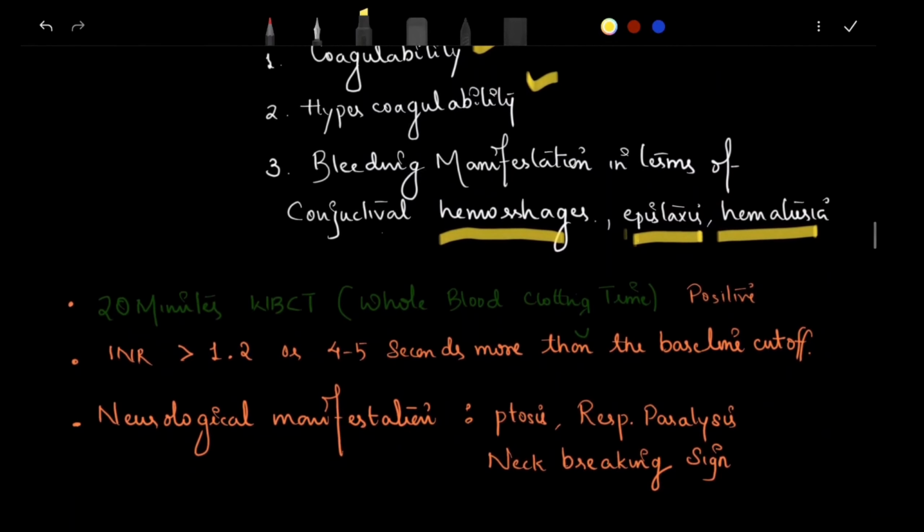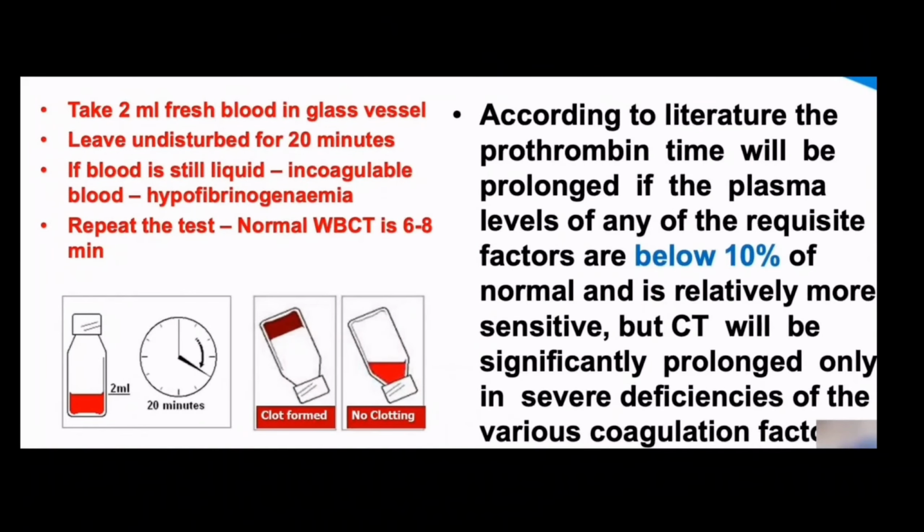So the WHO recommends a whole blood clotting time, which we can do in a primary or secondary setup. In a tertiary care setup, we can check the INR, as machines are there. In the 20-minute whole blood clotting time, we take 2 ml of fresh blood in a glass vessel and leave it undisturbed for 20 minutes.